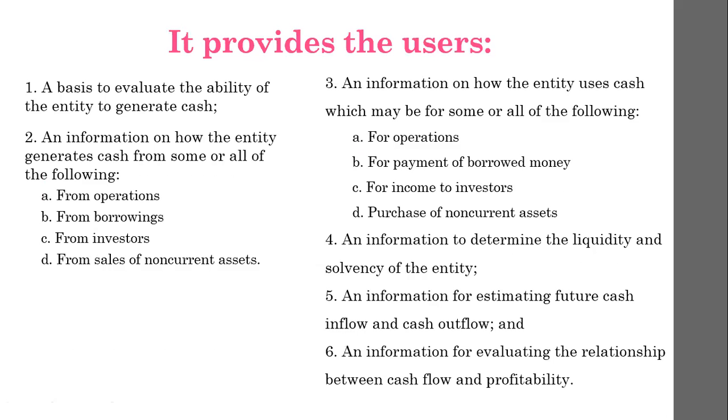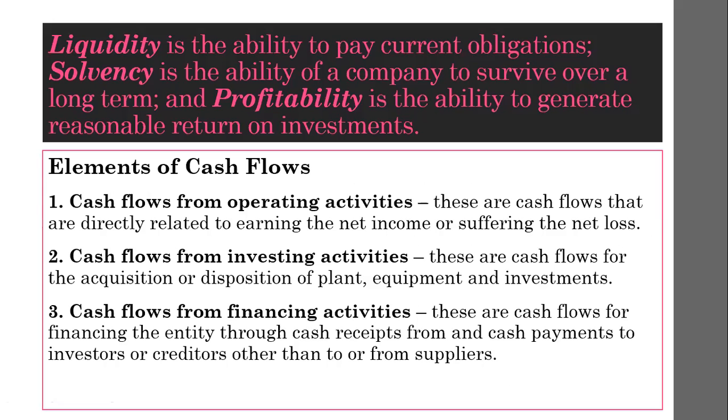So I hope we're clear on what I'm explaining. Next, elements of cash flow. We already discussed earlier the classification of operations in the definitions in the previous slides. So the elements are cash flows from operating activities, cash flows from investing activities, and cash flows from financing activities.